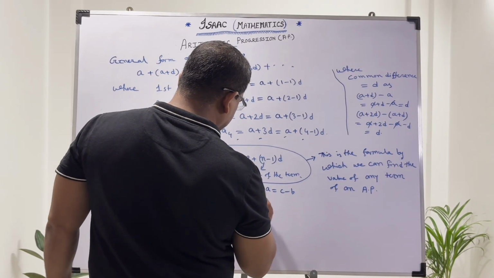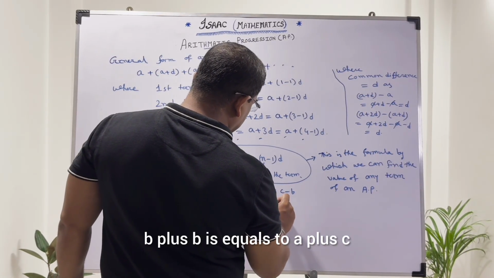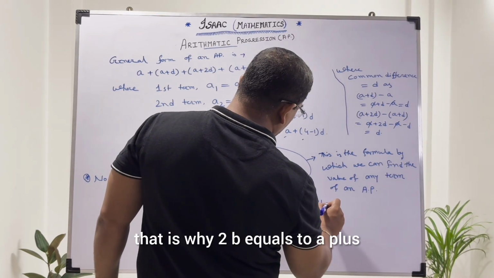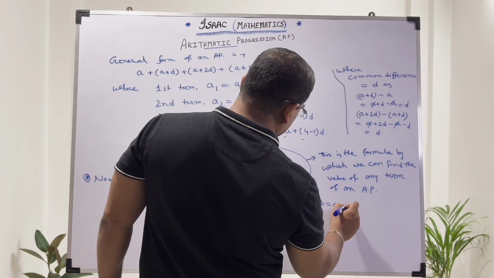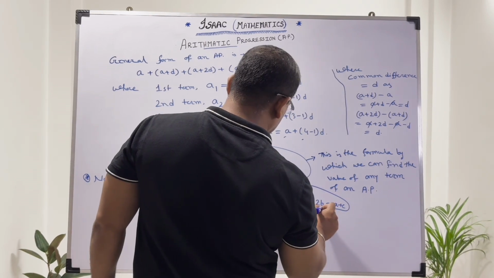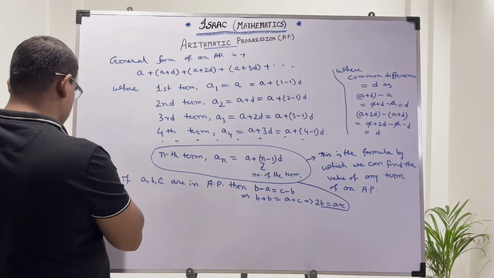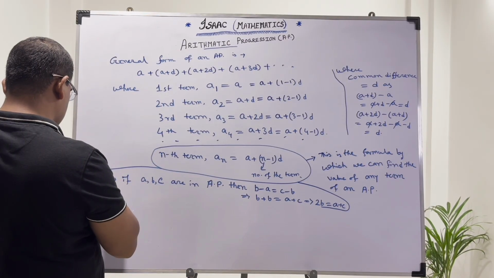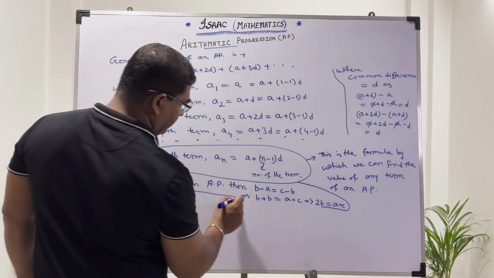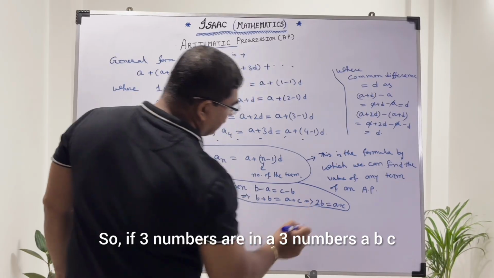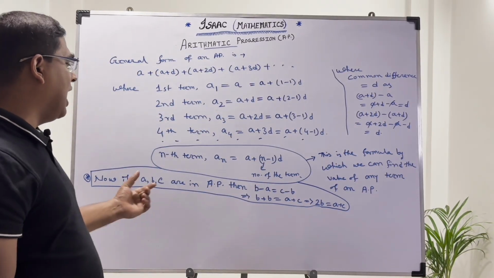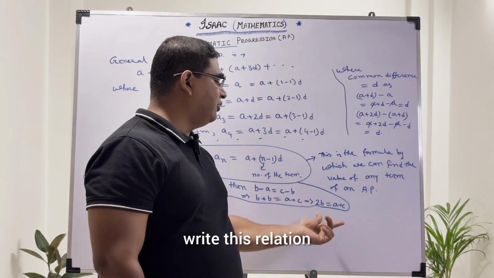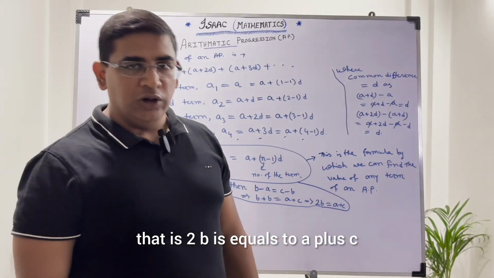Which will give b plus b is equals to a plus c. That is why 2b equals to a plus c. So if three numbers a, b, c are in AP, then we can write this relation, that is 2b is equals to a plus c.